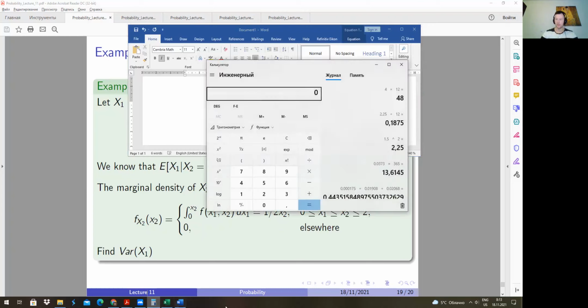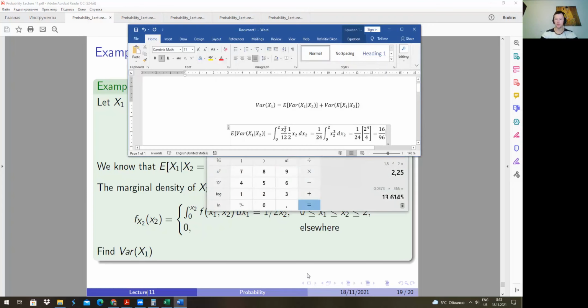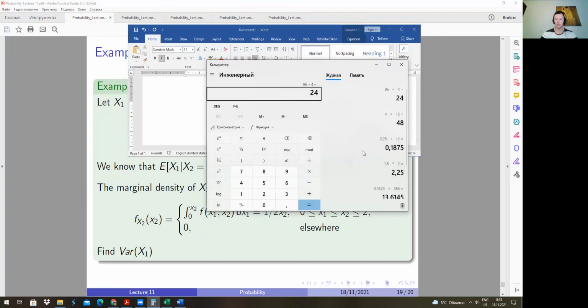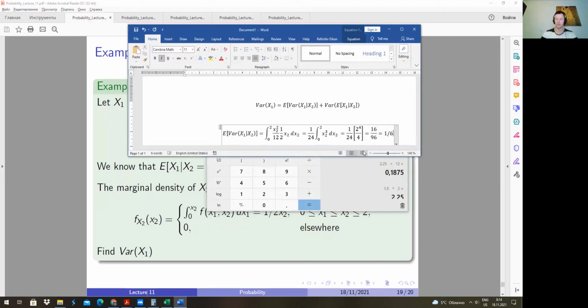When I divide 96 by 16, it must be divisible, so yes, 1/6.